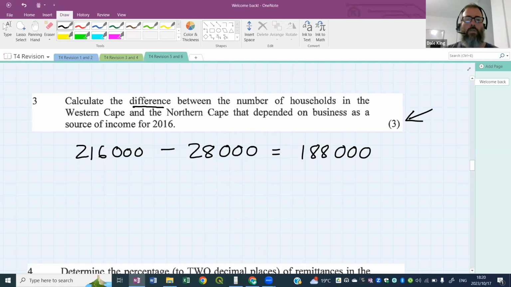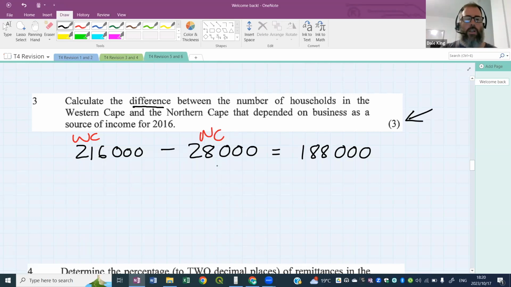We've answered the question. Maybe they want us to state that this is the Western Cape and this is the Northern Cape. I don't know. I don't think you need to. But the two values are correct, read off the graph, and you subtract them. Maybe 1 mark for the two values being correct, 1 mark for subtracting, and 1 mark for the answer.